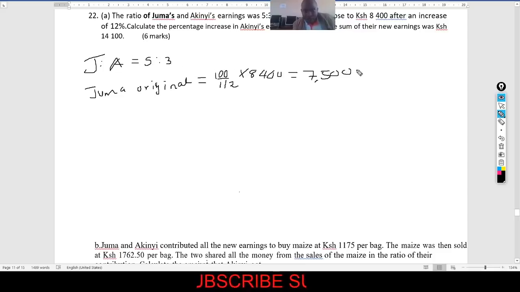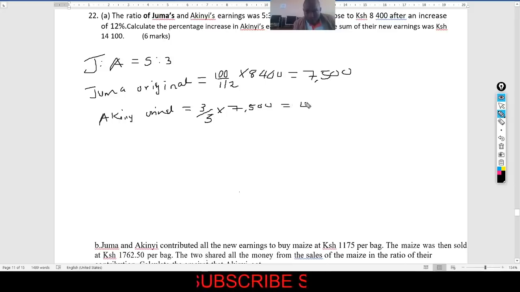It is 3 over 5 times this. So Akinyi's original earning is 3 over 5 times 7,500. This gives you 4,500.